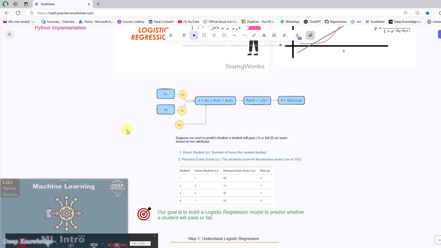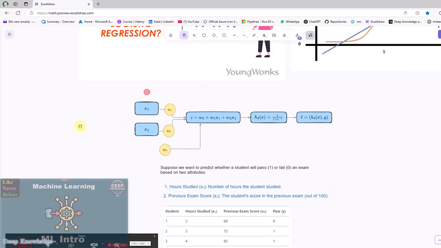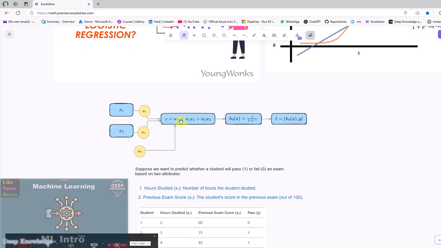So now to get the prediction, we will use this formula here. Let me zoom in: w0 plus w1 multiplied by x1, and so on.